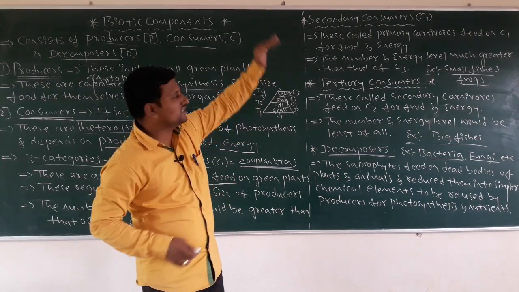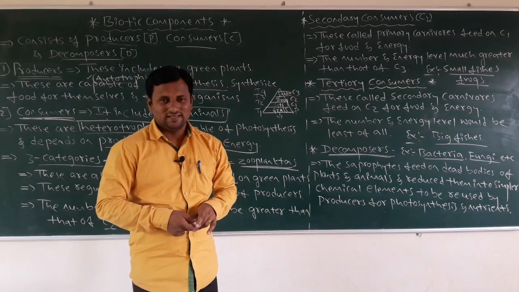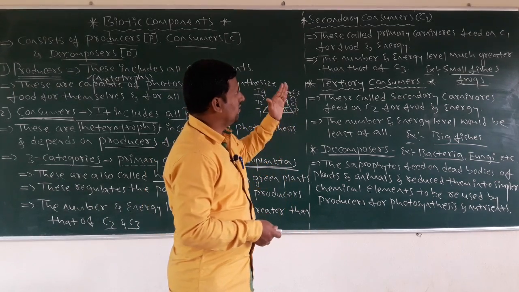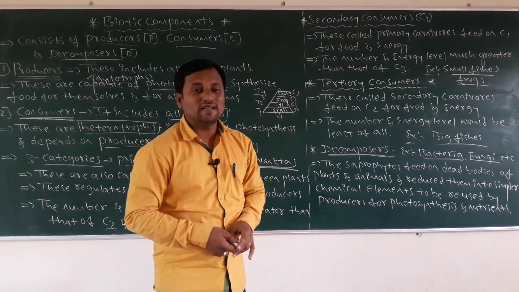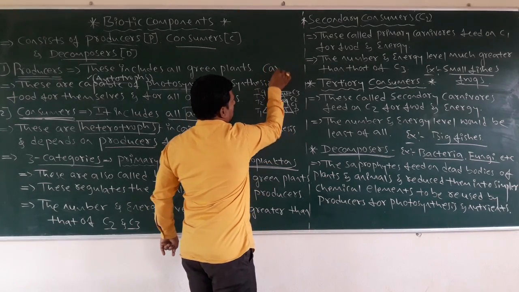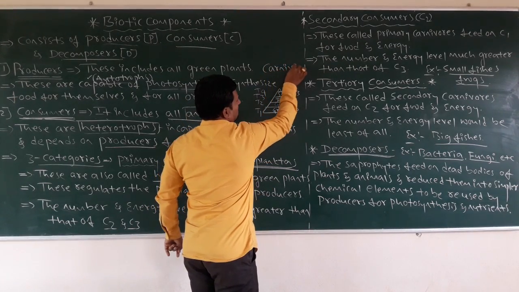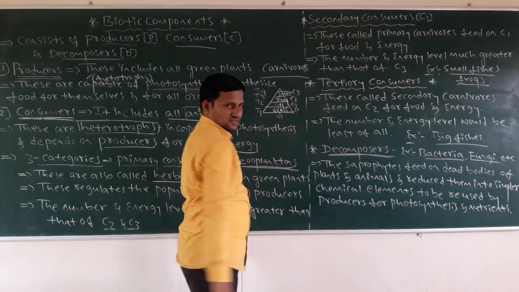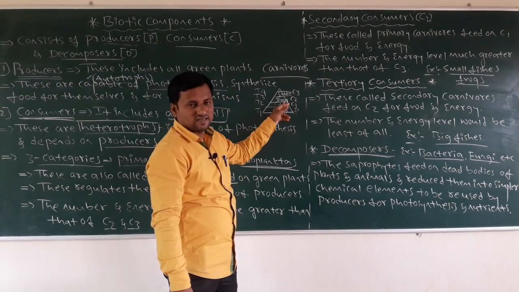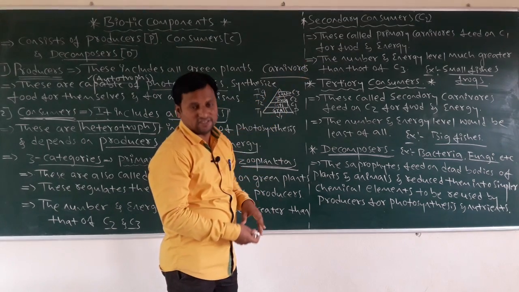Then goes to C2. What is this C2? C2 is nothing but secondary consumers. Secondary consumers are also called primary carnivores, as I told. It starts here with the primary carnivores. These are called C2.